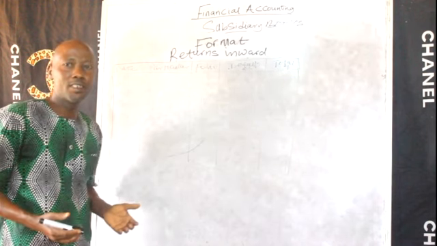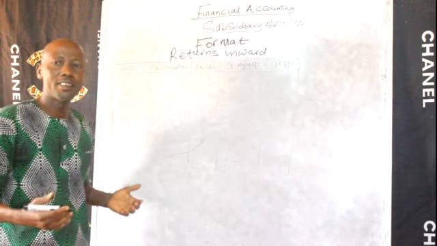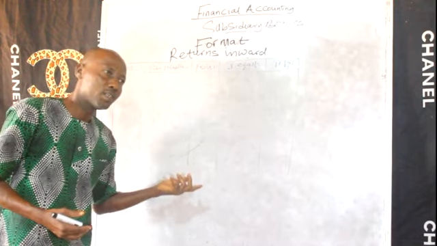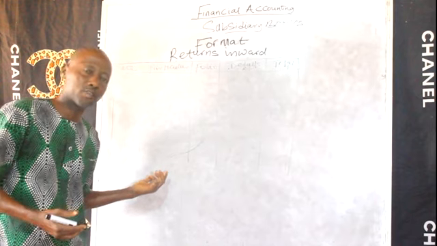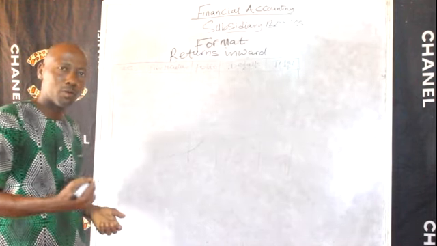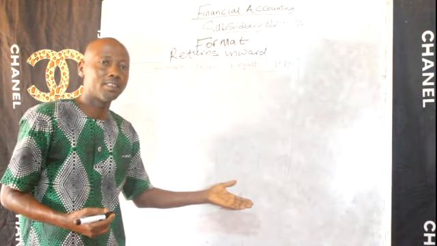For every debit side, there must be a corresponding credit side. That is, when you receive money and you give goods in return, it is concerned with the debit side. When you give out money and you receive goods, you record such a transaction in the cash book on the credit side.